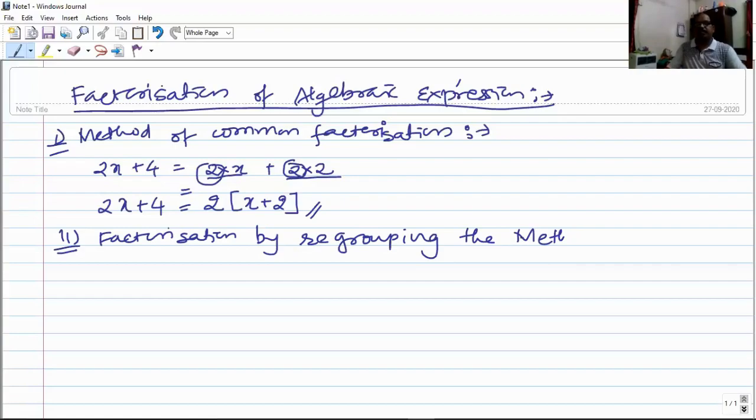This is the second method of factorizing algebraic expressions. Let us see what it is.